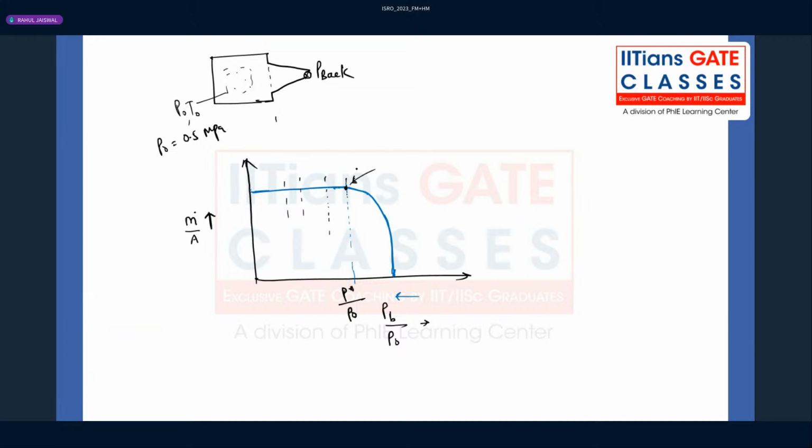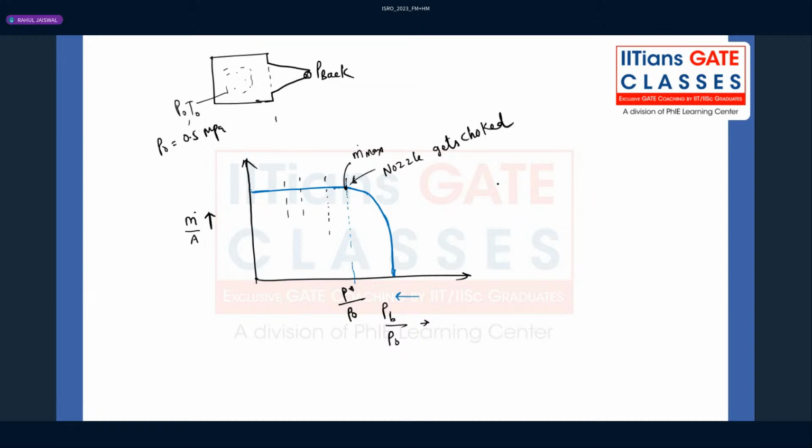That particular pressure is called the choked pressure, and that maximum mass flow rate condition is called choking. The nozzle gets choked at this point.